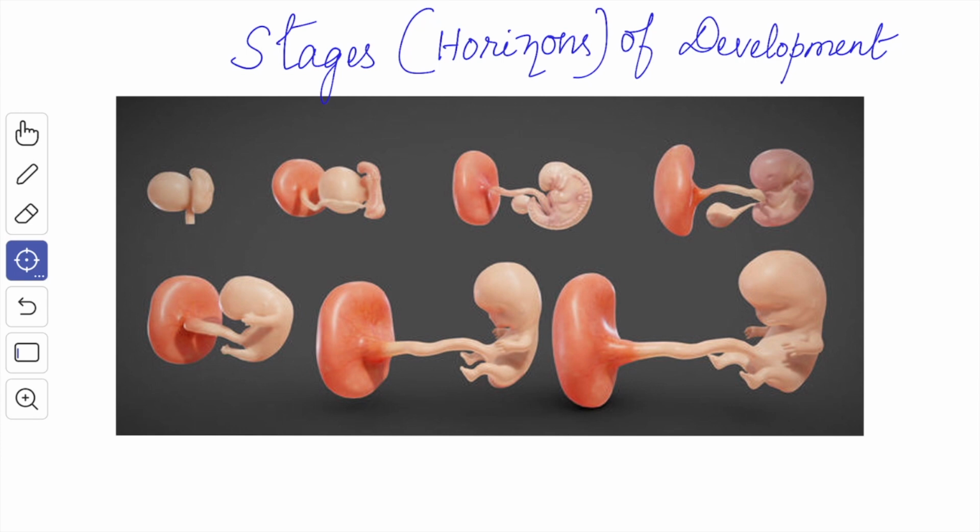Stage 5 is the completion of implantation, differentiation of syncytial trophoblast and cytotrophoblast, appearance of the amniotic cavity and exocoelomic membrane, and syncytial lacunae are filled with maternal blood.